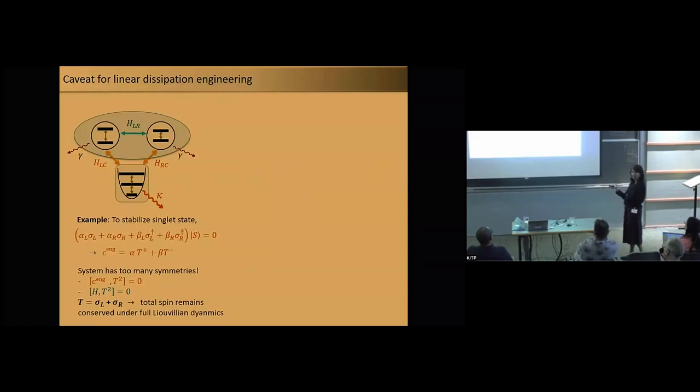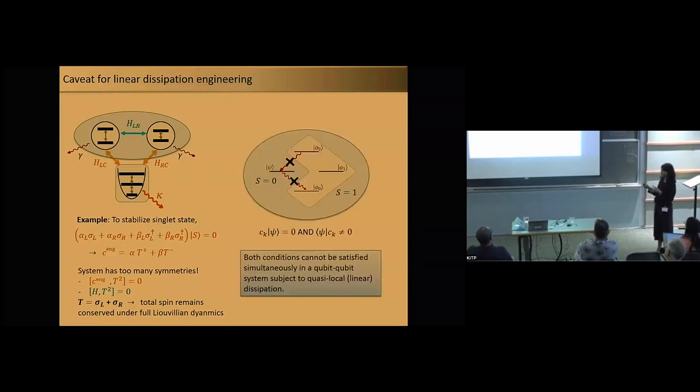So with linear dissipation, the total spin remains conserved under the full Liouvillian dynamics, which means that instead of having a well-connected Hilbert space that goes into one unique target state, we will have disjoint subspaces because of too many symmetries in the system. So with linear dissipation, it's impossible to satisfy both these conditions simultaneously.